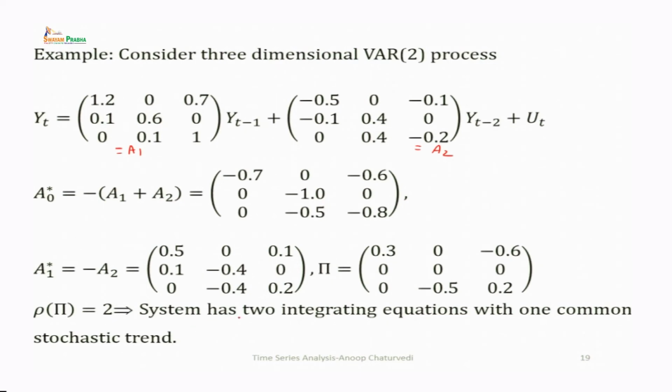So, the system has two co-integrating equations, and since you have a 3 cross 1 vector here, you have 3 time series, you have 2 co-integrating vectors. So, you have one common stochastic trend.